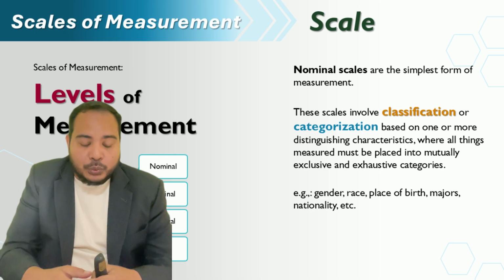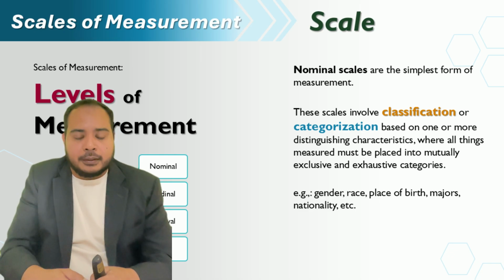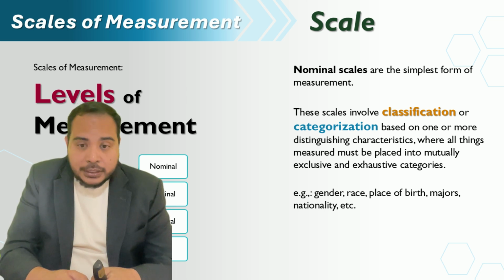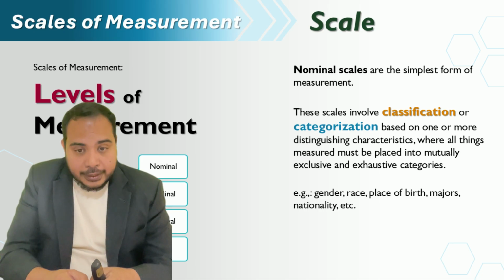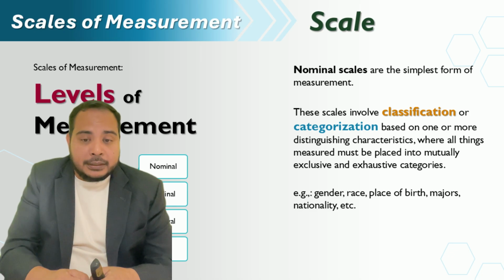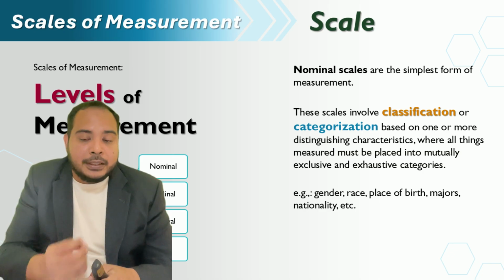The most common example people give for the nominal scale is gender. Like I mentioned previously, when we want to analyze gender, most researchers will only provide 2 categories, either male or female. We assign 1 to male and 2 to female. These numbers are only nominal scales. It's just classification, for the sake of naming only.